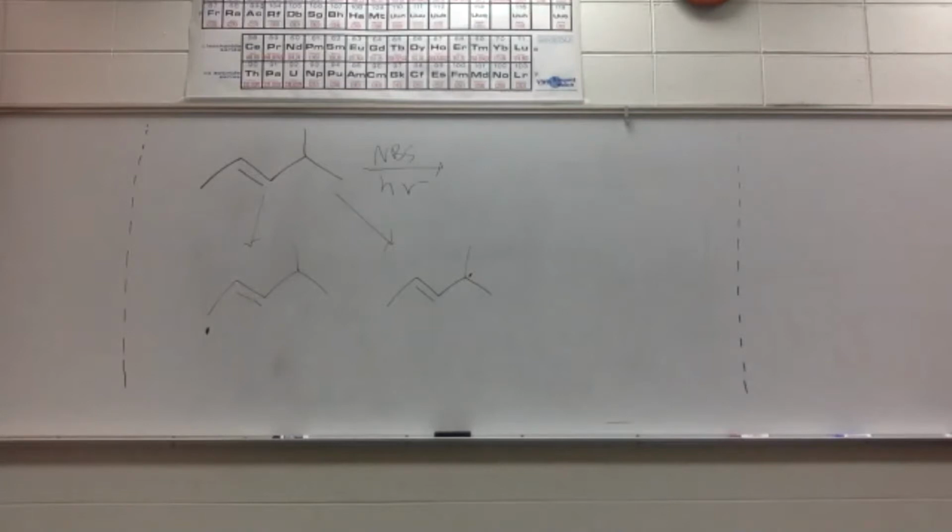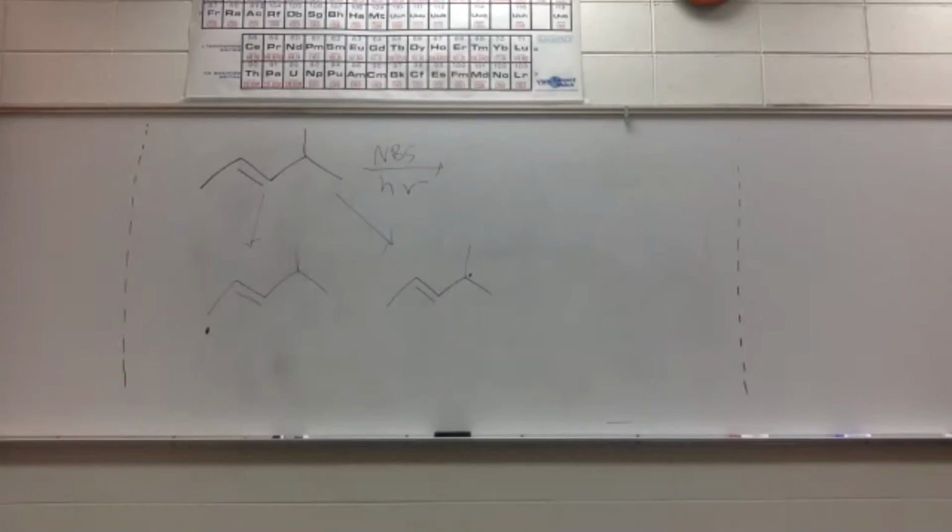Remember, ask yourself questions. If I were you, I'm looking at this, I might ask myself, okay, what type of radicals did I just possibly make? What type of radicals on the left-hand side? It is not only primary, but primary allylic.